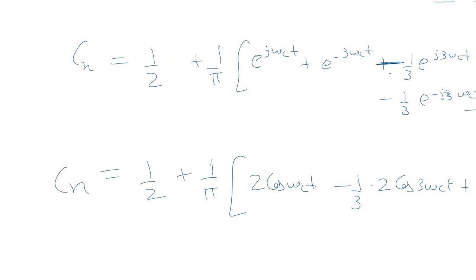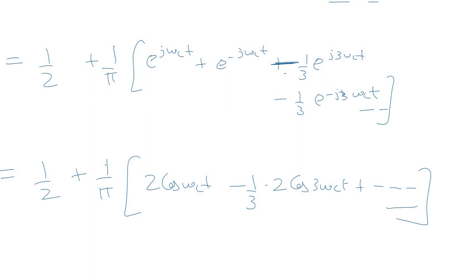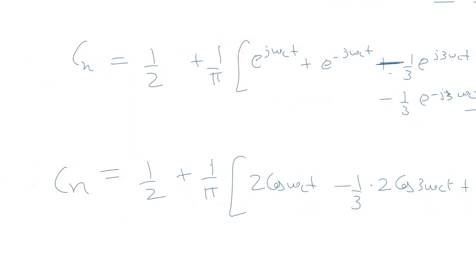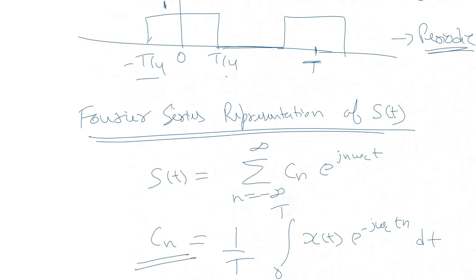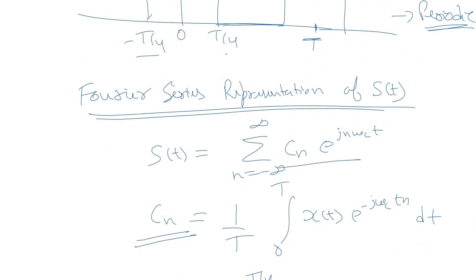We are not writing down the higher order terms because those will be anyhow eliminated by the band pass filter that we are going to study further. Now we have this with us. Sorry, this is not Cn, rather it is S of t. I have already substituted in the expression of the Fourier series here. This was the coefficient.